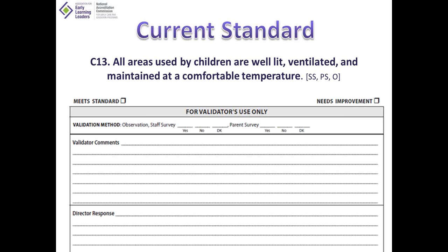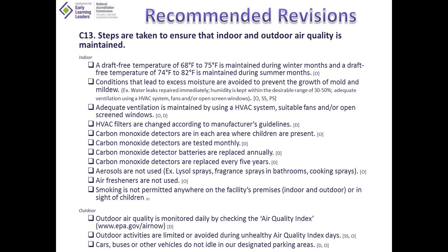Conditions that lead to excess moisture are avoided to prevent the growth of mold. And then smoking is not permitted anywhere in the facility's premises, indoor and outdoor, or inside of children. So it just gives us a few additional indicators for programs to implement to ensure that both their indoor and outdoor air quality is maintained.